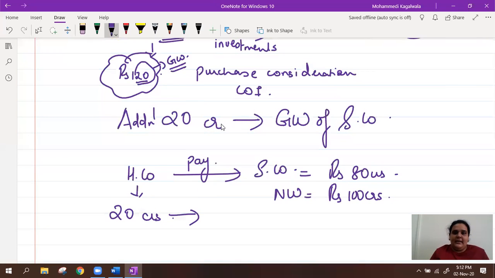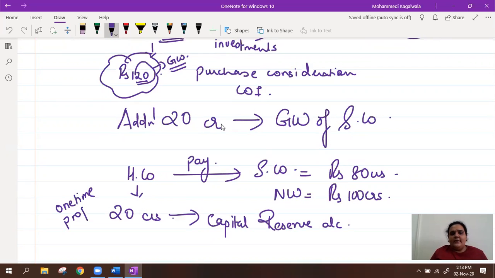It is a capital asset, capital investment. This is known as capital profit. Therefore, this is accounted with the help of the capital reserve account. This I have explained to you all quite a few times, even in my earlier lectures.